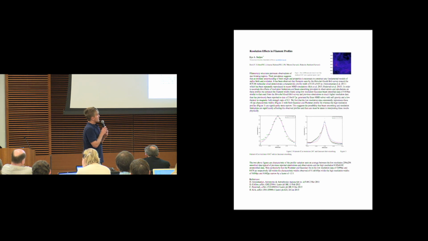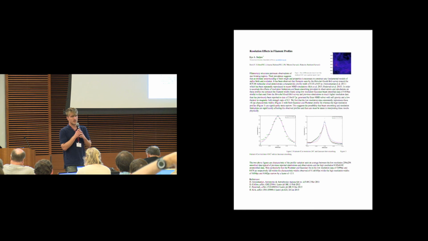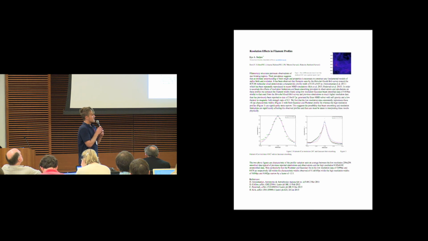We found that in the low resolution, Gaussian beam smoothed data, the 0.1 parsec widths were well reproduced. But in the high resolution data, the widths became significantly more narrow, and this was consistent across numerous time steps.